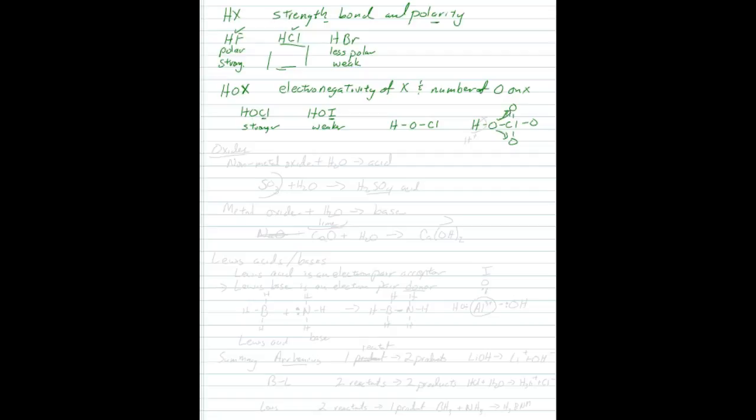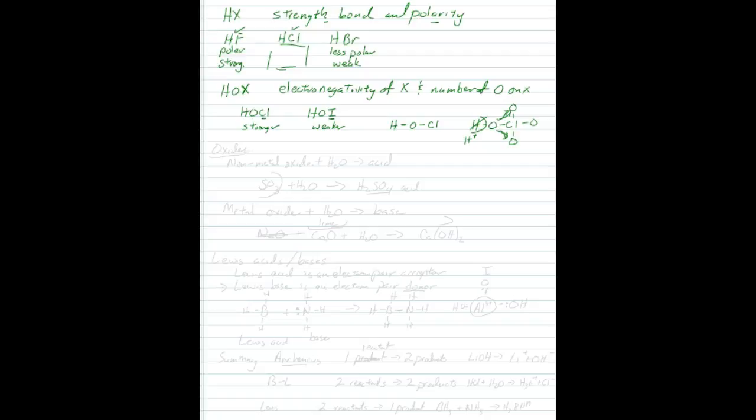So the more electron cloud there is, the weaker this bond is, and it's easier to form an H+. Here, there are no other oxygens out here in this region to suck away the electron cloud, so the electron cloud is centered more on the oxygen, and therefore this bond between the O and the H is stronger.